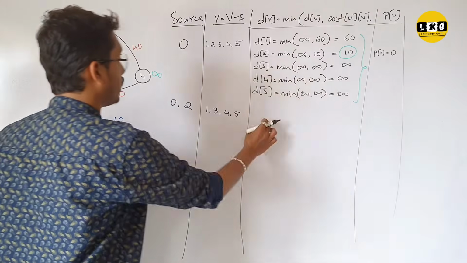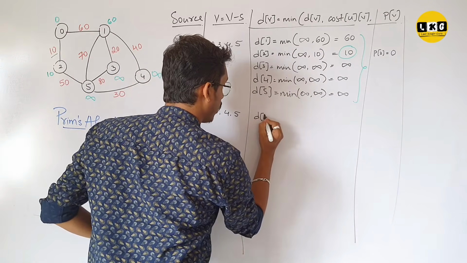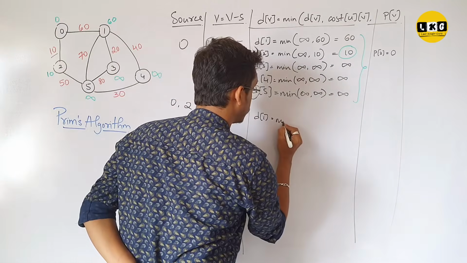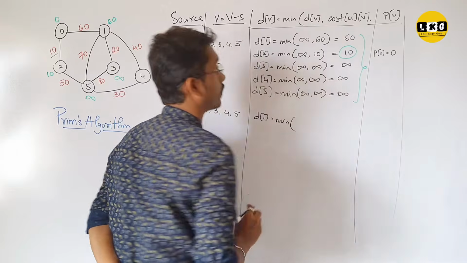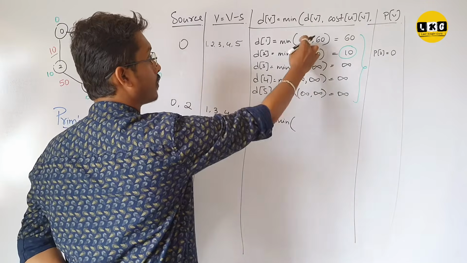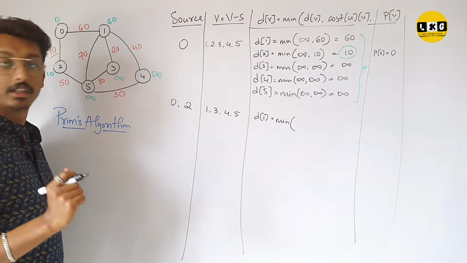Right? Now coming to the second iteration. Second iteration, same thing. D of 1, because we need to find this. So D of 1 is equals to minimum of, now look carefully here. What is the cost of D of 1? Earlier it was infinity, but now it got updated to 60. Correct?